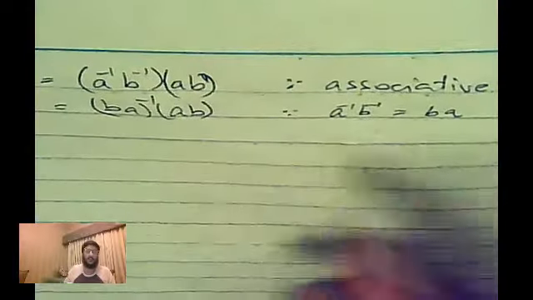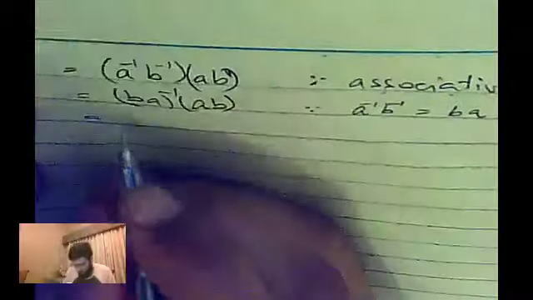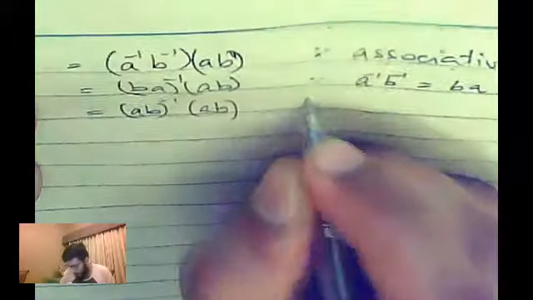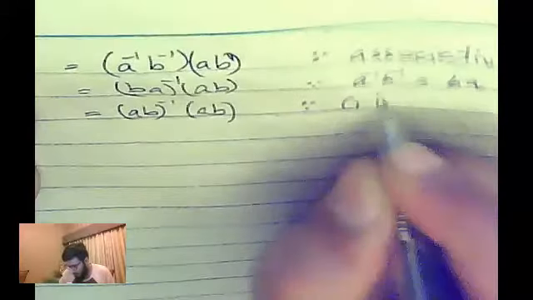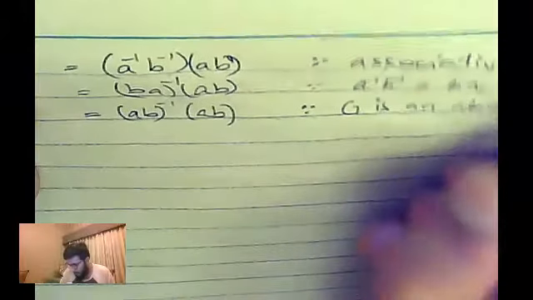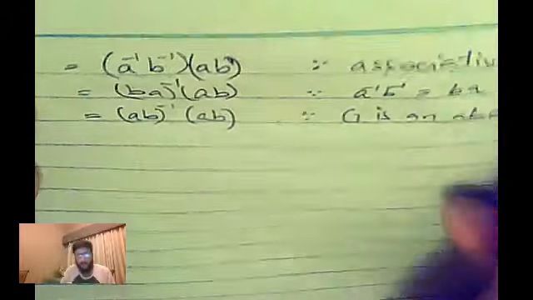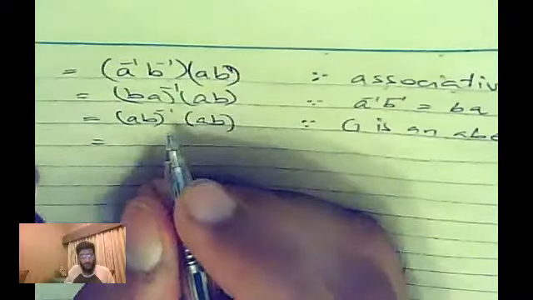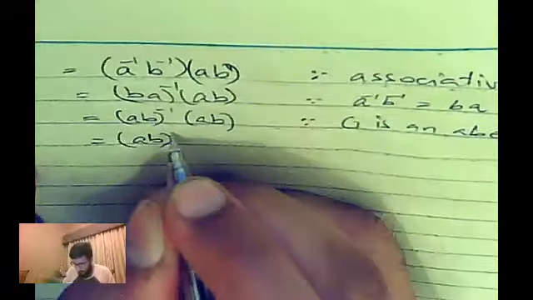It expands in the opposite direction. Equals (AB) whole inverse AB, because G is an abelian group. Now (AB) inverse times AB, the bases are same, so the powers will add up.